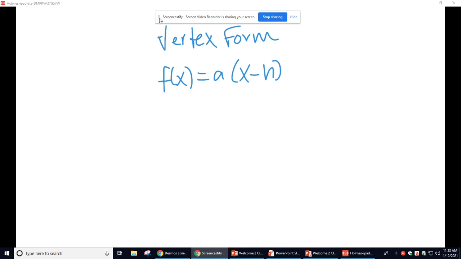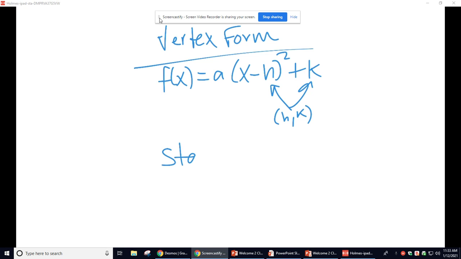When you're dealing with vertex form, we have f of x equals a times x minus h squared plus k. This right here, the h and k, tells me the center of the graph. It tells me the vertex. Okay, that's why it's called vertex form.